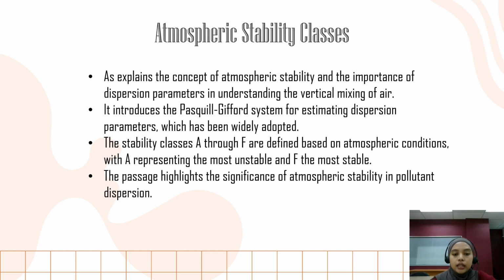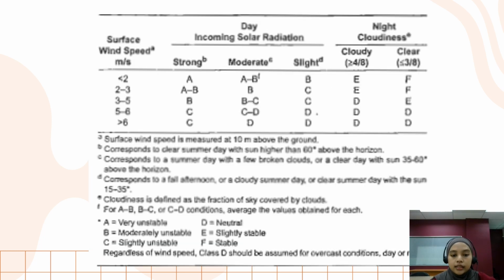The stability classes A through F are defined based on atmospheric conditions, with A representing the most unstable and F the most stable. The passage highlights the significance of atmospheric stability in pollutant dispersion. Here we can see the stability classes for the atmosphere, from stable to unstable.